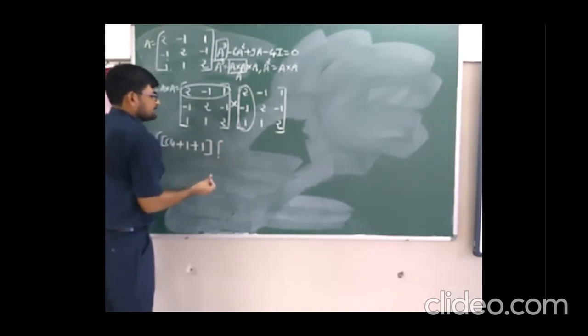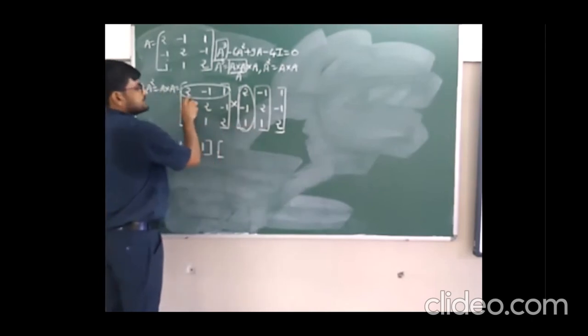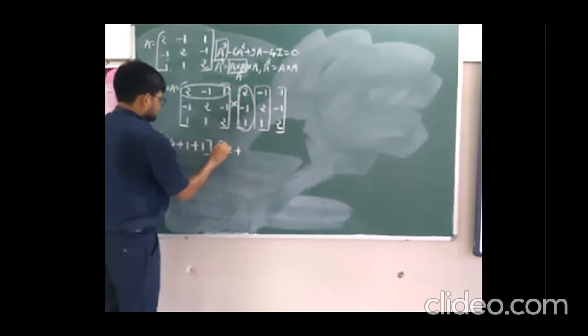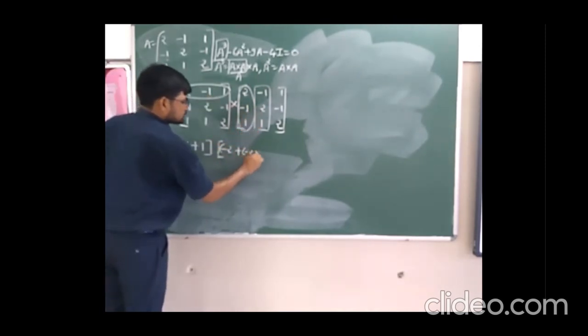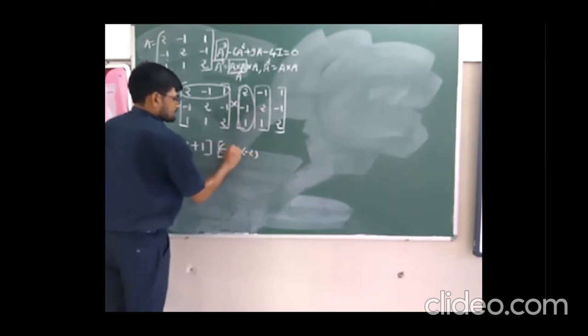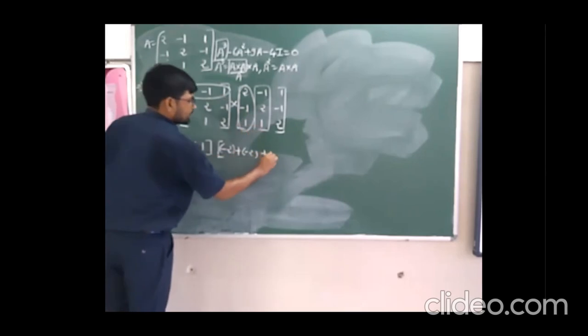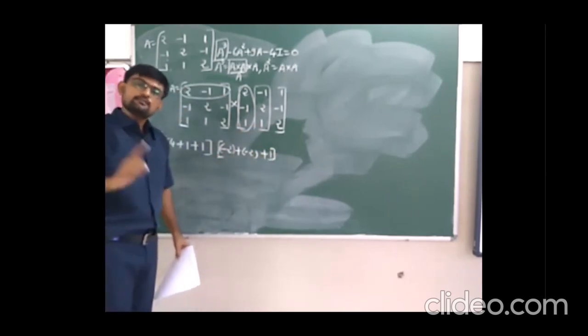Then we'll multiply first row with second column. Again first element into first element, minus 2, plus second element into second element, minus 2, plus third element into third element, 1. So this is the multiplication of first row second column.